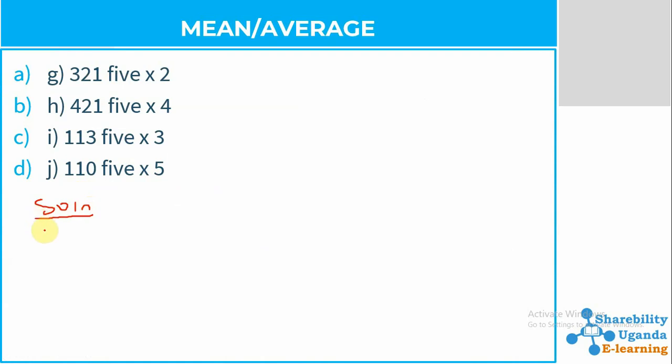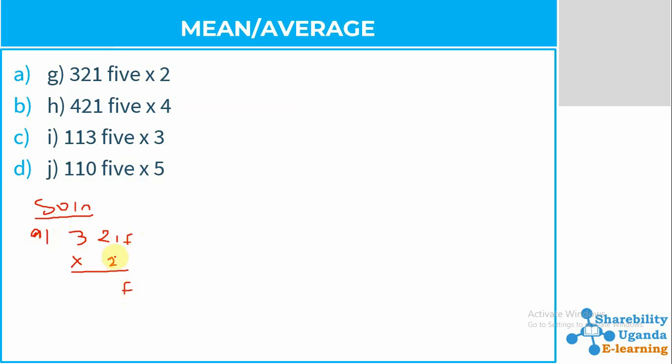Our part A: we have 3, 2, 1, times 2. This is multiplication. All this is going to be in base 5, and our answer should also be in base 5.